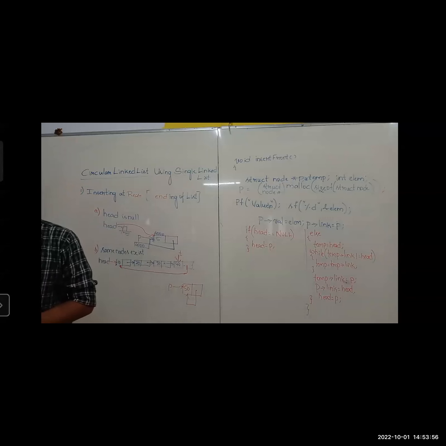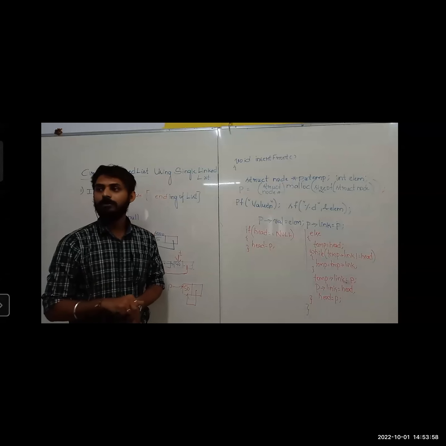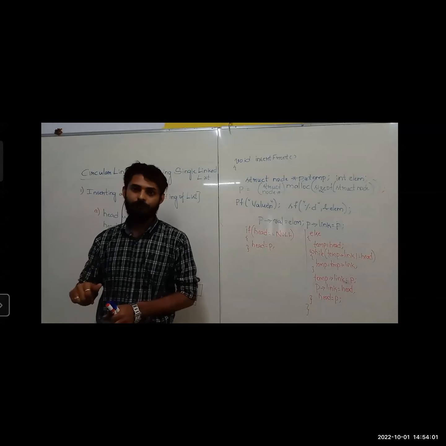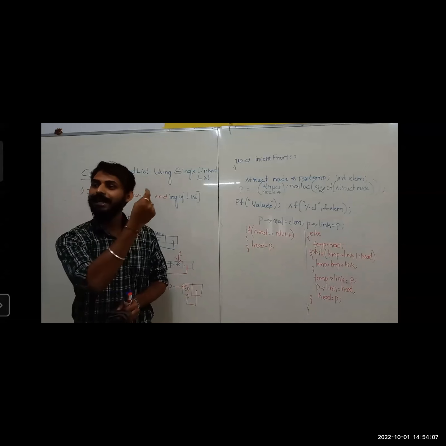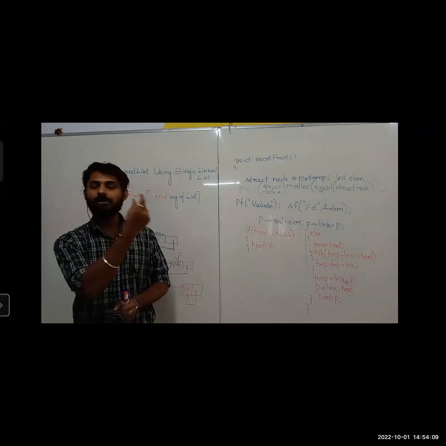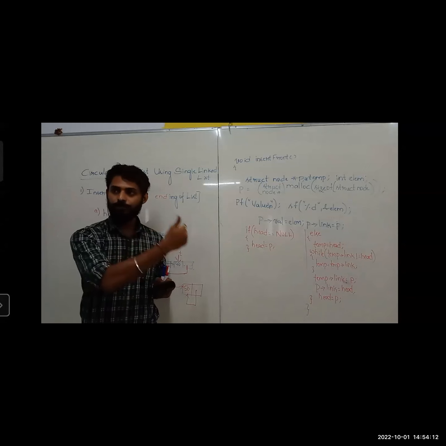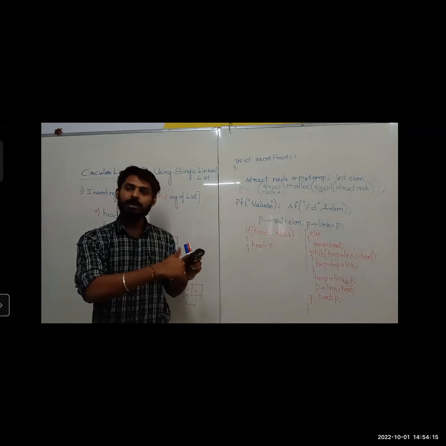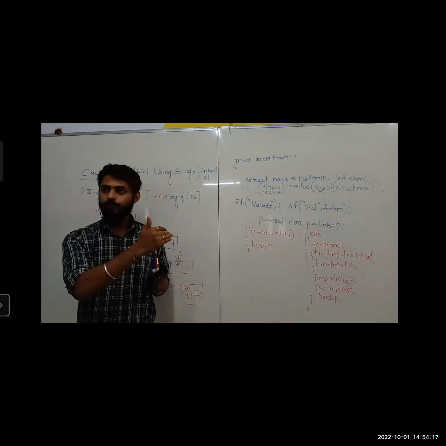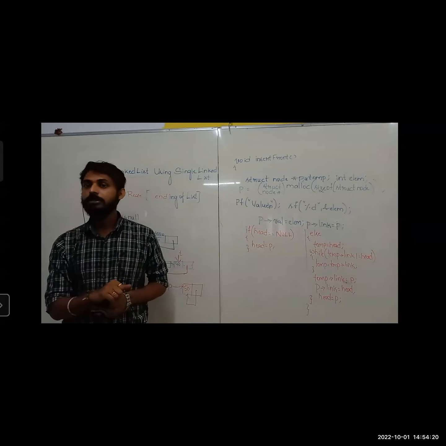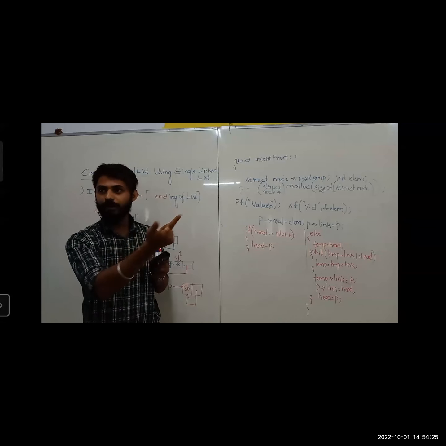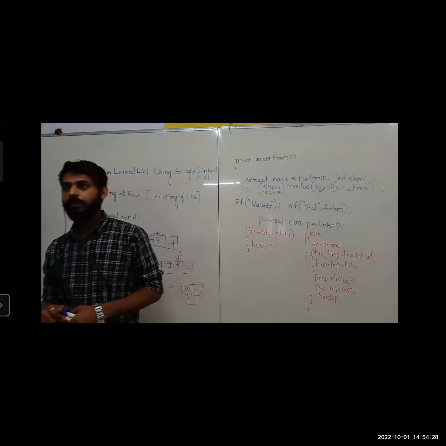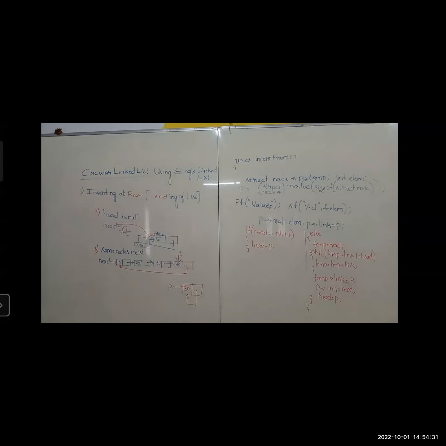D's link is pointing to A. Then I should stop at D and add that 0 beside D. A is connected to B, B is connected to C, C is connected to D, and D should be connected to whom now? 0. D should be connected to 0 and 0's link should be connected to A. Anything apart from this? Only 2 lines I should add.